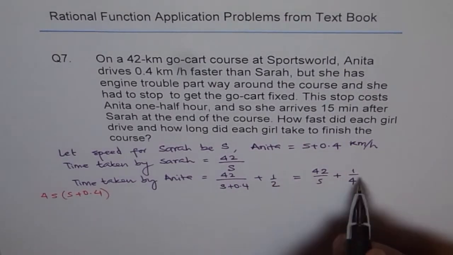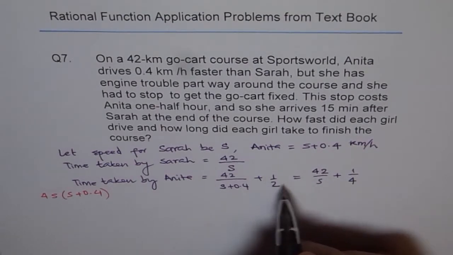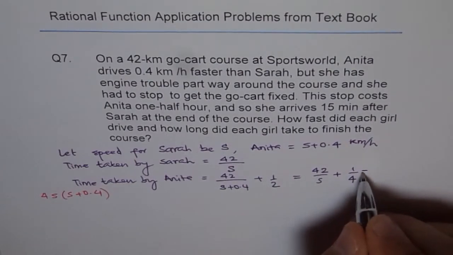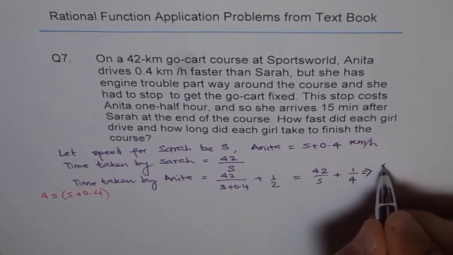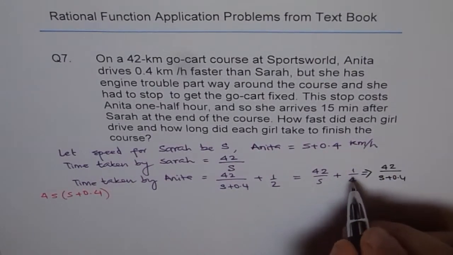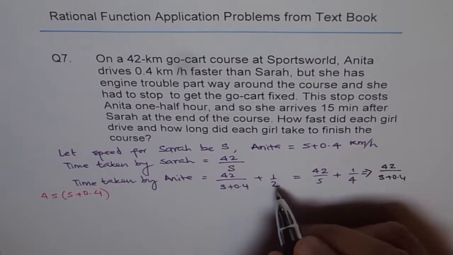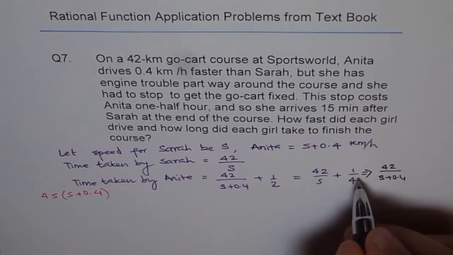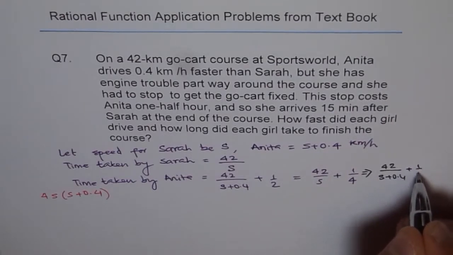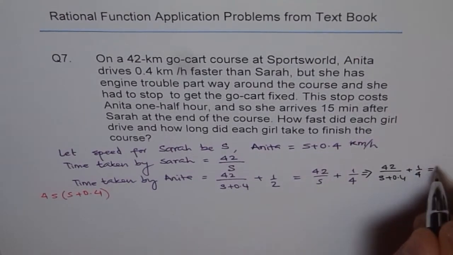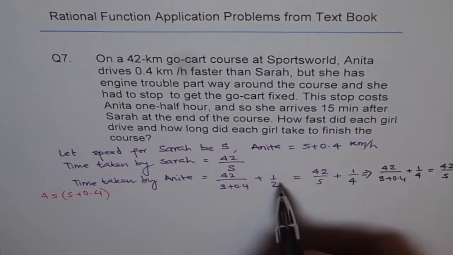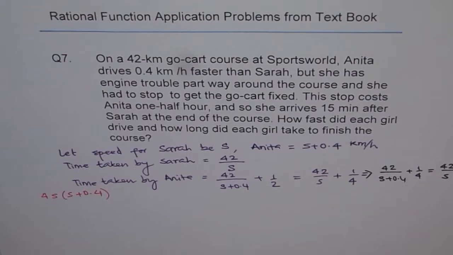We can take 1/4 away from one side so that we have one less term. So this could be written as 42 over s plus 0.4, plus, taking away 1/4 from half, which leaves 1/4, equals 42 over s.